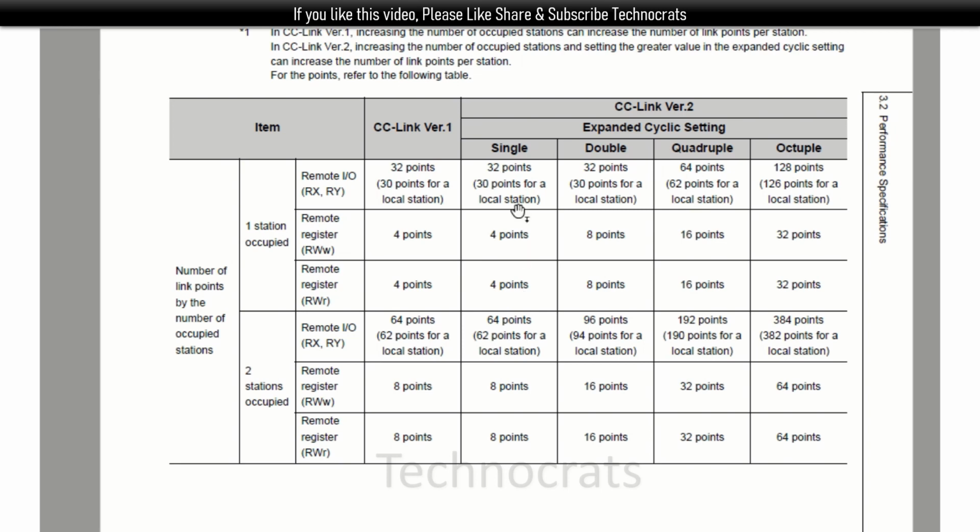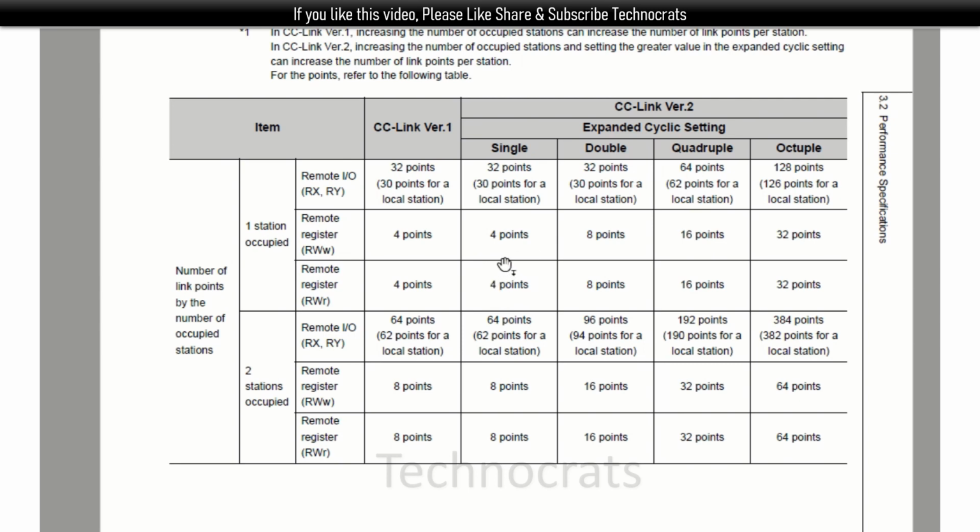For example, if I configure one 32 point input and after that a device station, then for remote IOs these Rx and Ry will be occupied, but Rww and Rwr will not be occupied.